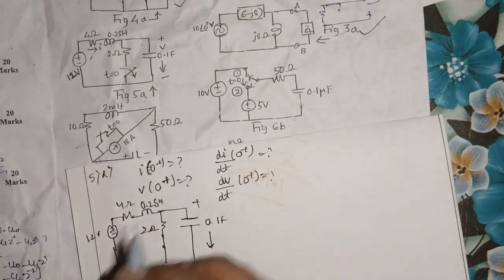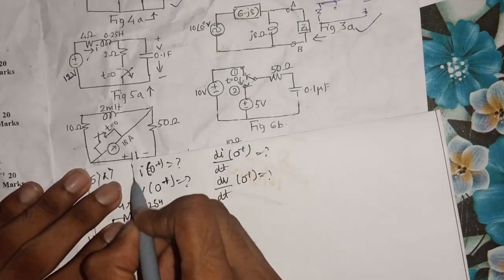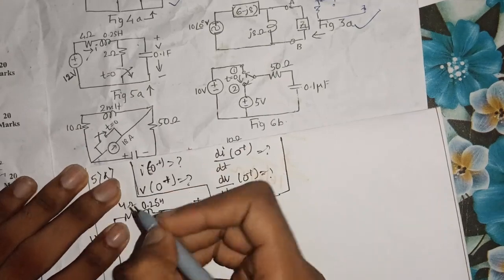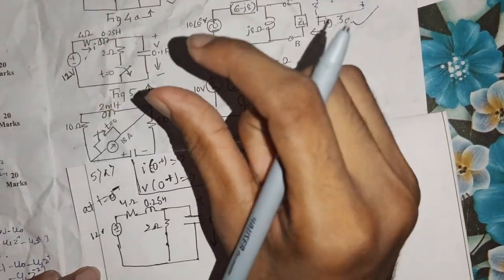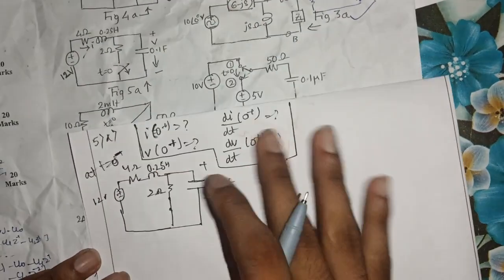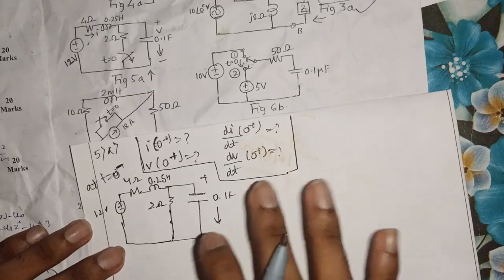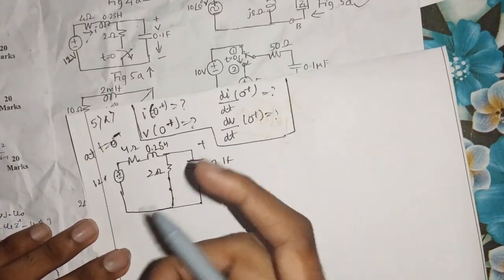Basically, the switch has been closed initially, that is at time t equal to 0 minus, before the switching action takes place.